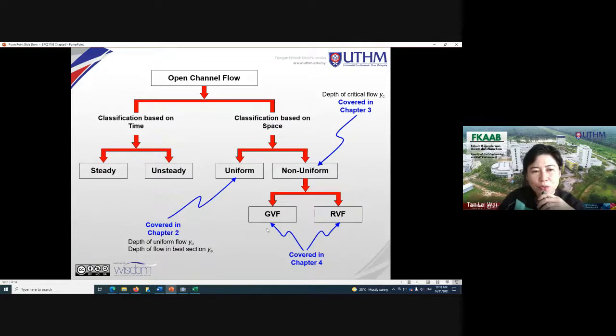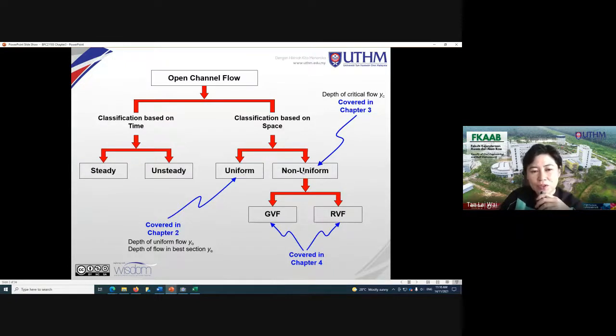In chapter 1, we got to know everything in general. In chapter 2, we learned about uniform flow only, where we use Chezy and Manning to find depth of flow. And now we also have some knowledge on the best section of the channel. That is in chapter 2.